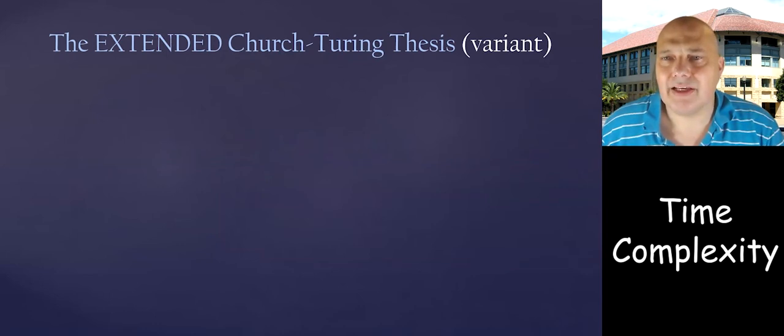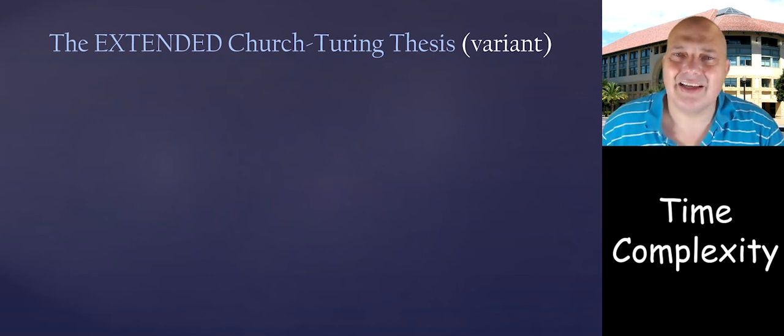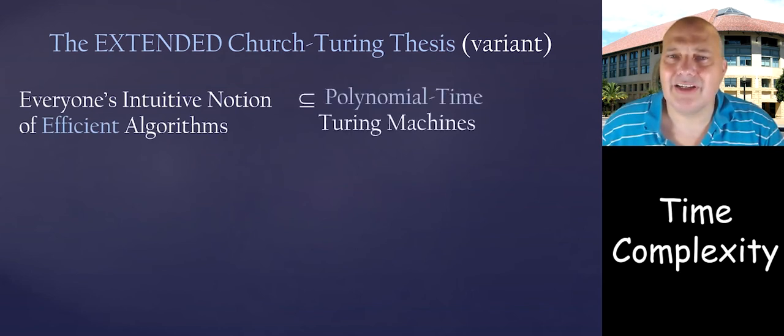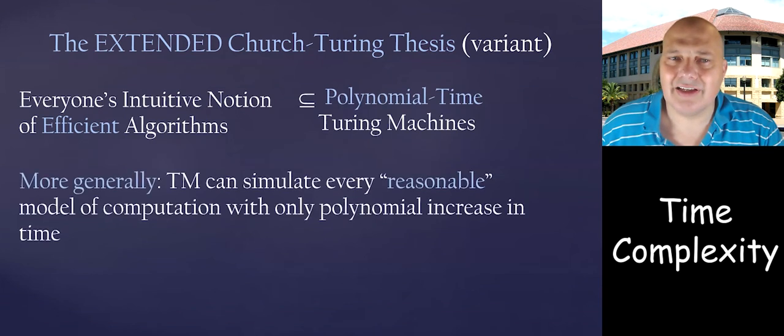And now I want to give you also one variant of the Church-Turing thesis, the extended Church-Turing thesis, which says that everyone's intuitive notion of efficient algorithms is contained in polynomial time Turing machines. So Turing machines can simulate every reasonable model of computation with only polynomial increase in time.